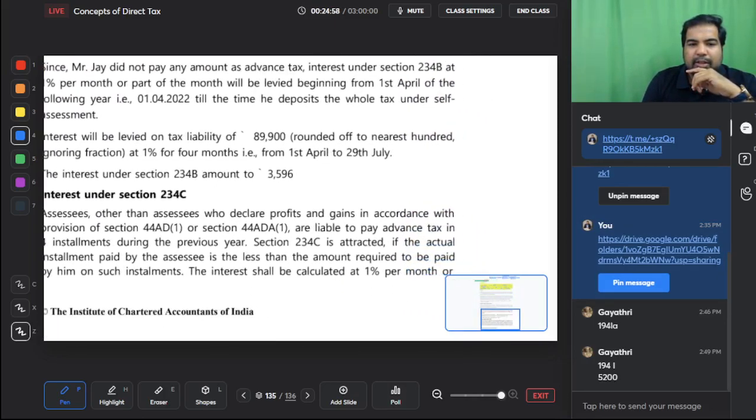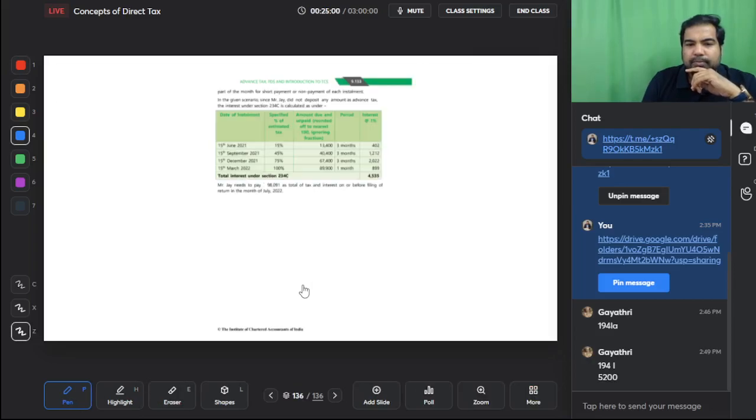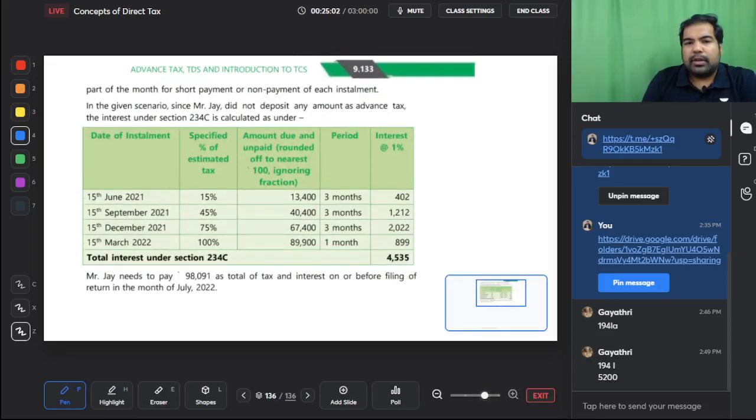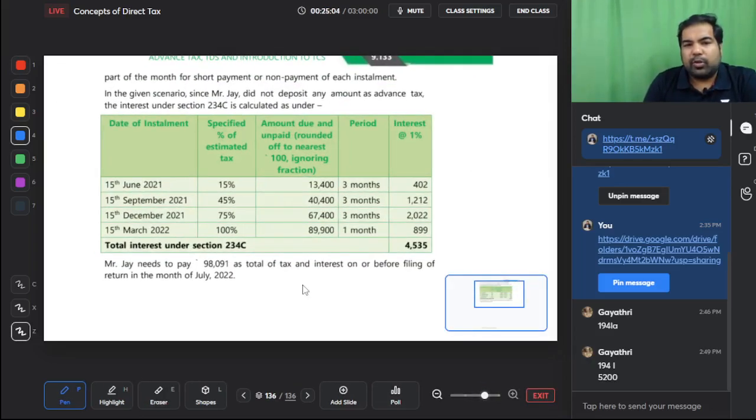On 89,960, if you do 15%, amount due and unpaid rounded off to the nearest 100, ignoring fraction. So that is 13,400 into 3% into 3 months. The last one is into 1 month. Otherwise, it's all into 3 months, 3 months, 3 months, and it's all into 1%, 1%, 1%.